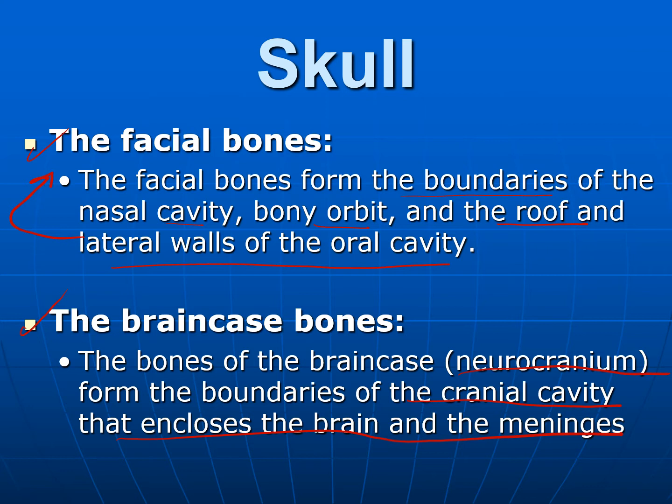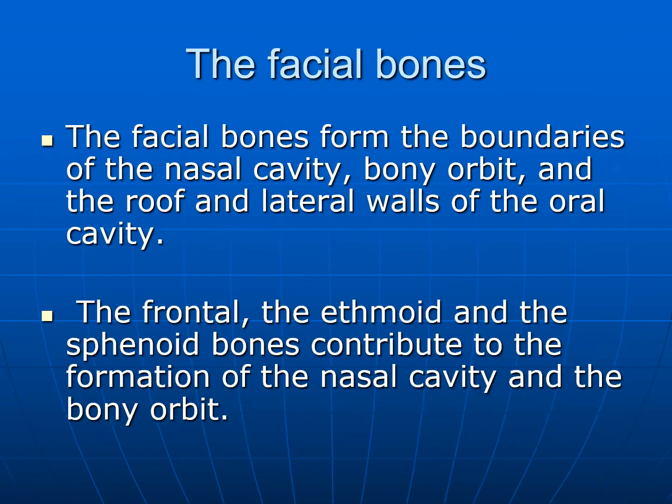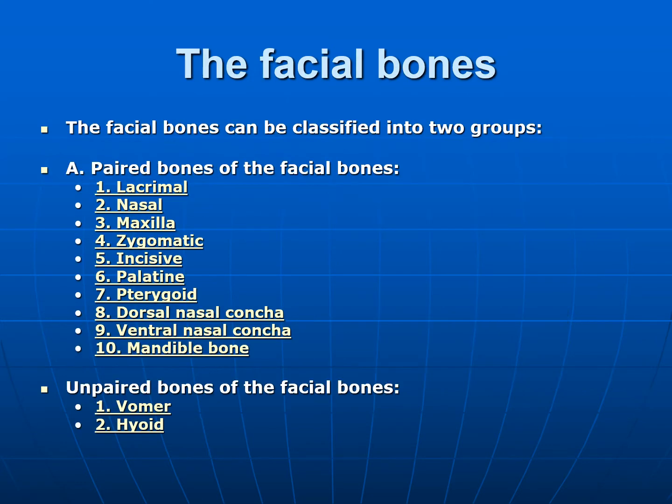So the area that surrounds the brain and meninges, these bones are the brain case bones. As I said, the other name for the brain case bones is the neurocranium. Some bones from the brain case also help in the formation of these boundaries, and we are going to talk about them later.